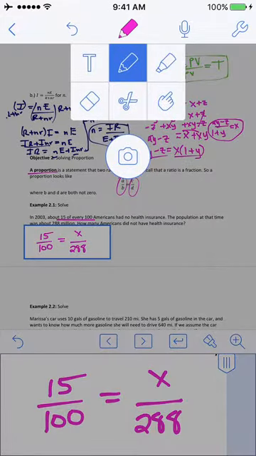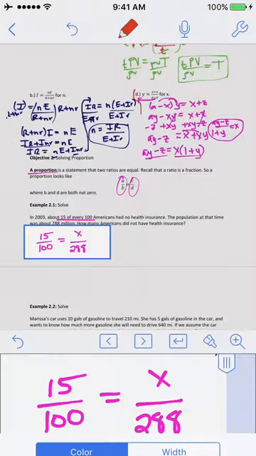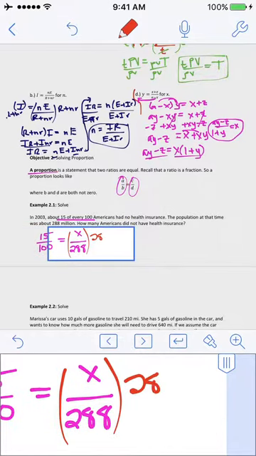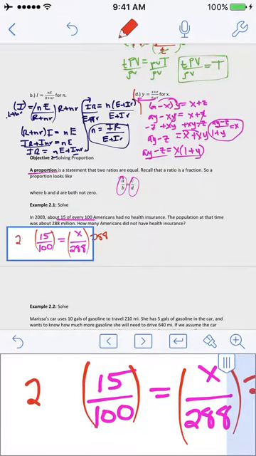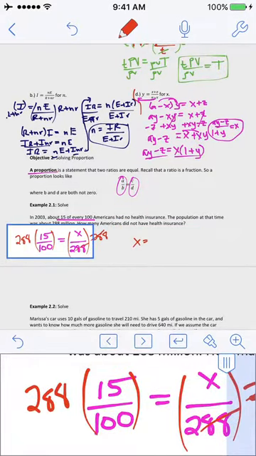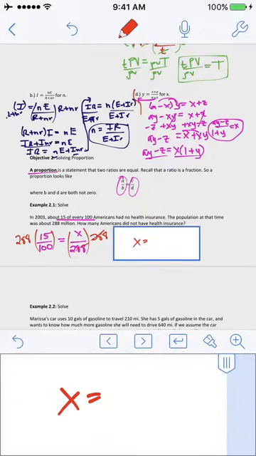Now when it comes to actually solving these, we can use our basic solving of rationals. I want to get rid of the denominator, so multiply by 288 on both sides. I'm left with x equals 288 times 15 divided by 100, which is 43.2.